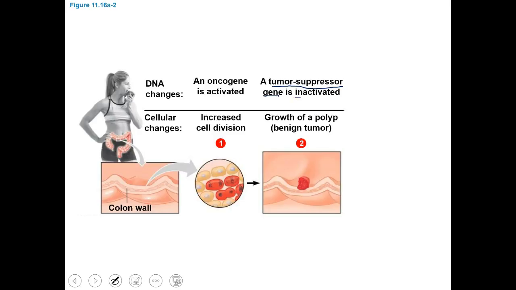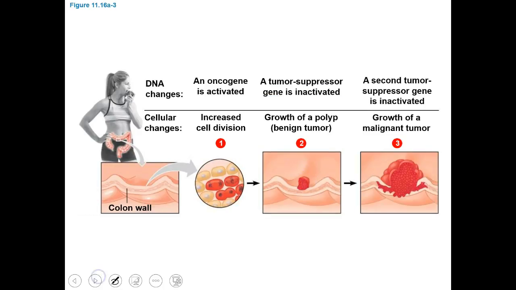But the cancer will also have an inactivation of things that would suppress a tumor. So we have a benign tumor in that particular location. And then as you move on, a second tumor suppressor gene is inactivated. So we totally had a system in place for both of these things that got inactivated. And so it became a growth of a malignant tumor where it starts to take over blood vessels and reaches out to other tissues and parts of the body.